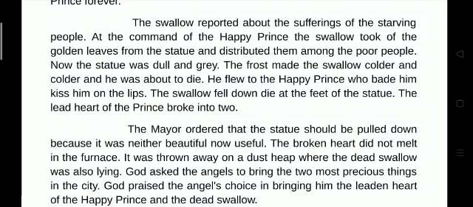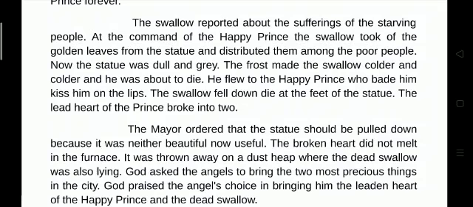The prince would say, pluck one gold leaf and give it to this person, pluck another gold leaf and give it to another person. In this way, he distributed all the golden leaves among the poor people. Now the statue was dull and grey. Definitely, if all the leaves and diamonds were plucked, the statue was dull and grey.